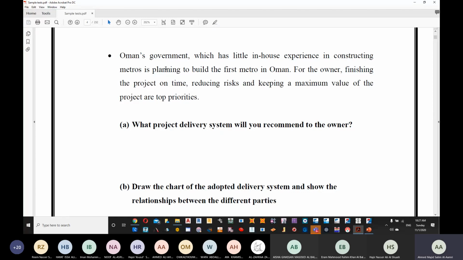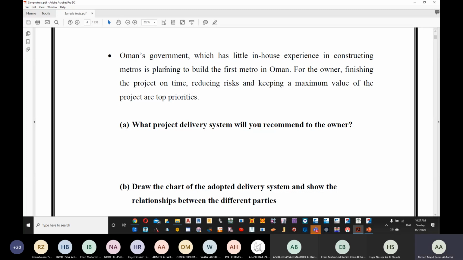Okay. Now, if you remember, we said the maximum risk is going to be with the contractor. Why? Because we have signed an agreement with the contractor that we are going to pay this amount only. We are not going to pay anything extra. So we said the maximum risk is going to go to the contractor. The owner is going to have only the design risks, if you remember.